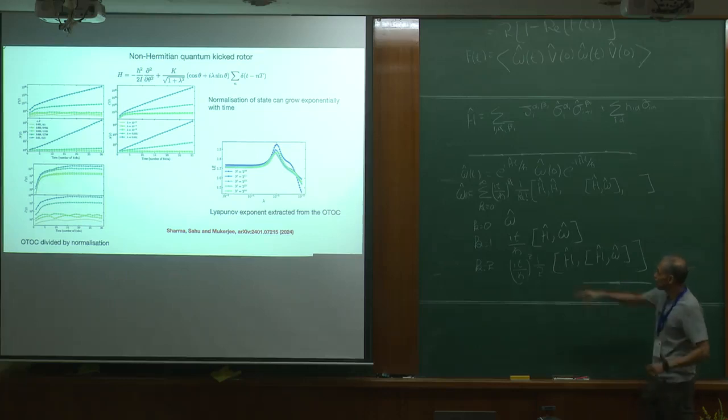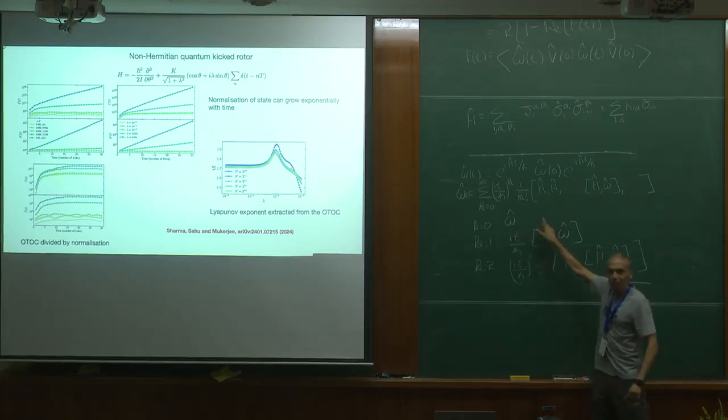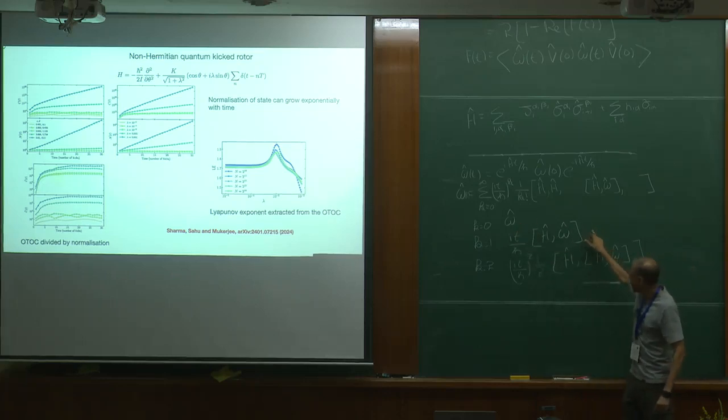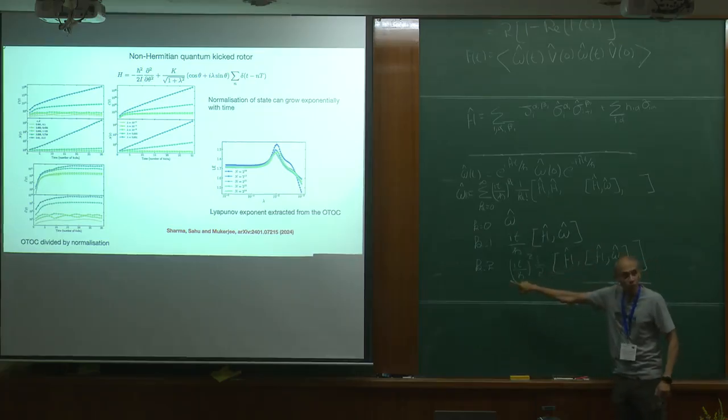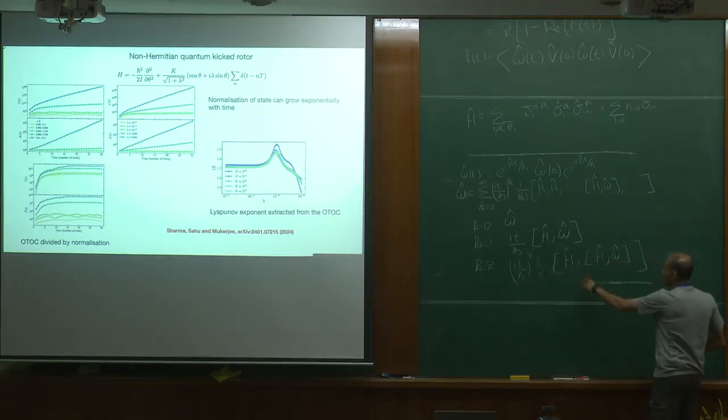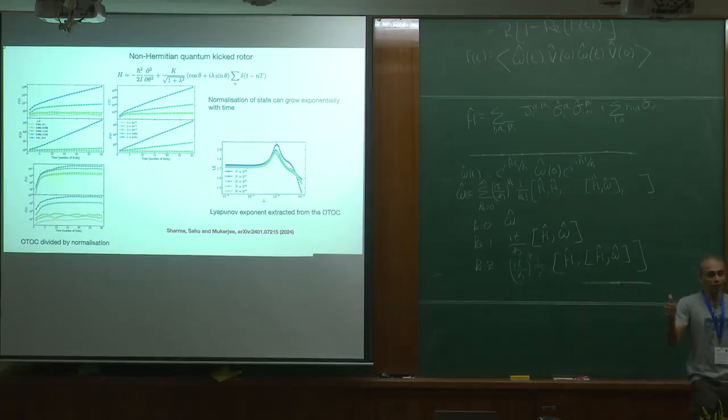So this is strictly on site, this is going to be nearest neighbor, and then when you're calculating the k equal to 2 term, you're looking at the commutator of the Hamiltonian with something which is nearest neighbor. The Hamiltonian itself is nearest neighbor, and so the outcome of the commutator of these two is going to be something which will have range which is next nearest neighbor, and so on.